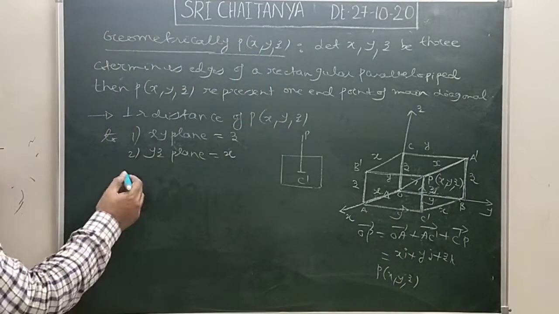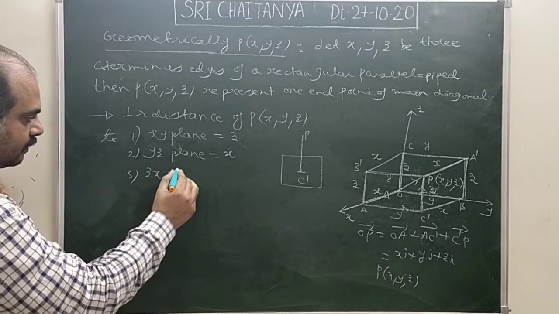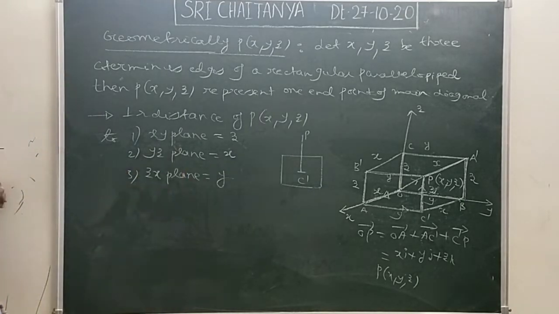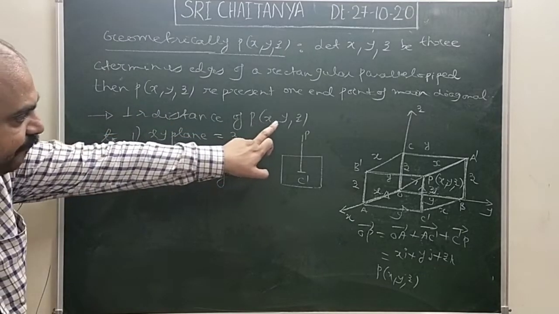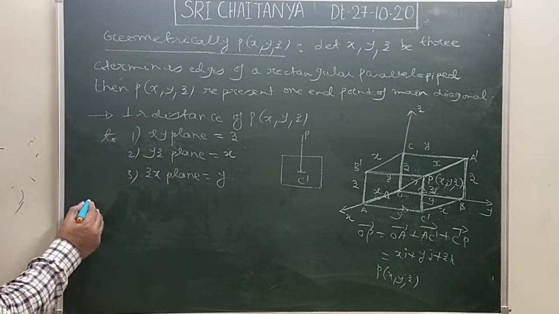PA dash is nothing but X. The perpendicular distance from P to the ZX plane is nothing but Y. These are the perpendicular distances of the point P, X, Y, Z to the XY plane, to the YZ plane, to the ZX plane. Next.